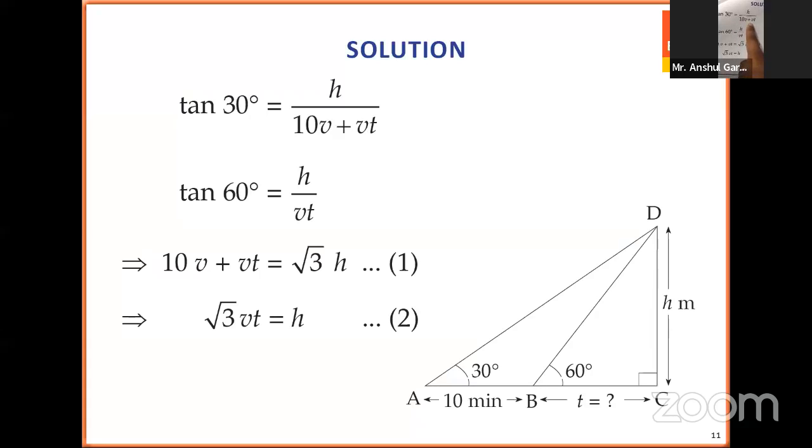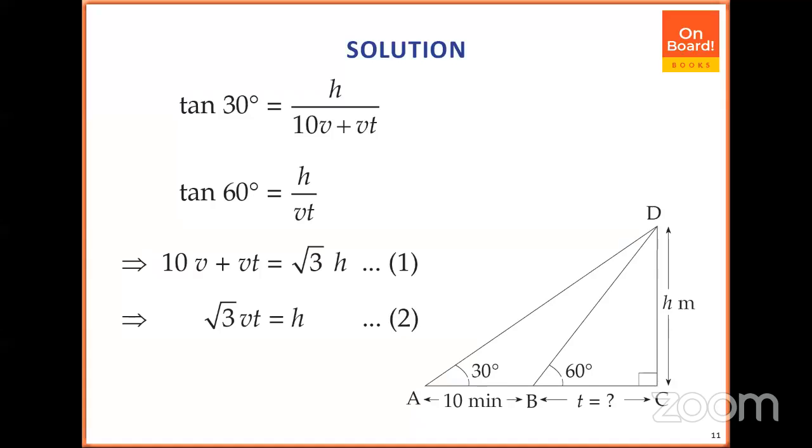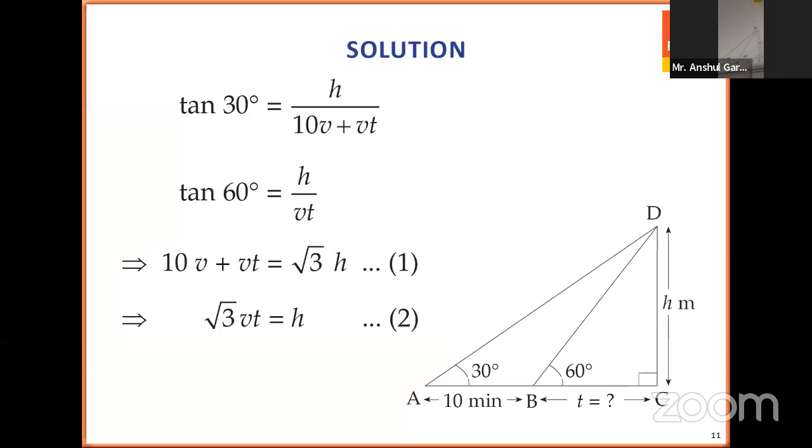Okay, and then again at 60 degree, we have tan 60 is perpendicular upon base again. Okay, now we have put the value of tan 30 and tan 60. फिर से हमने tan 30 tan 60 वैल्यू डाल दी है और चीजों को इक्वेट करना चालू करा. And in the next slide, we can have the next slide.